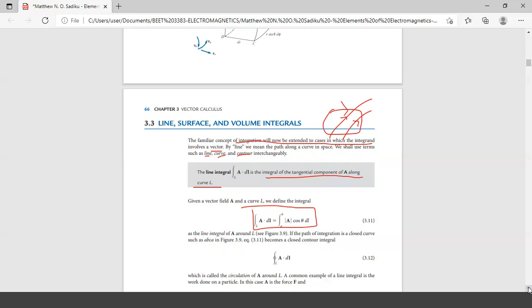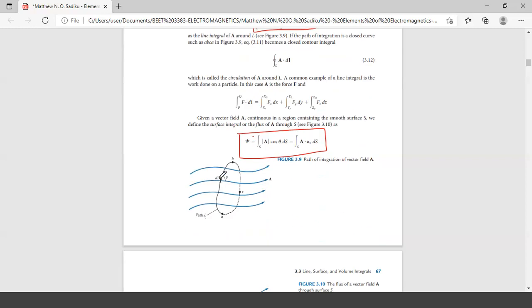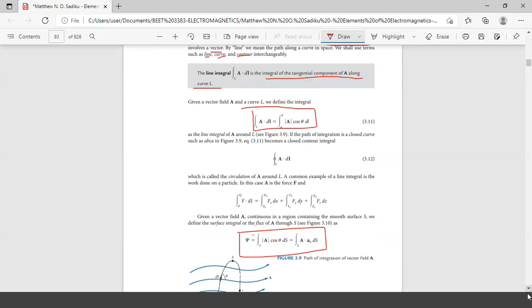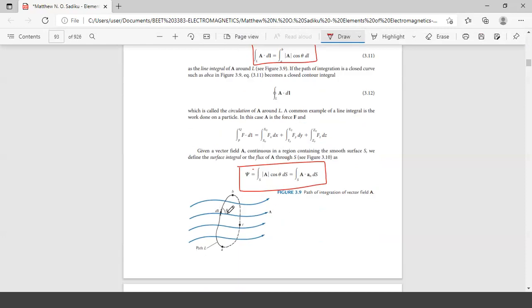The line integral of vector A dot dl is the integral of the tangential component of A along curve L. It looks like this. So the integral along the length is the line integral, the integral of vector A dot dl.